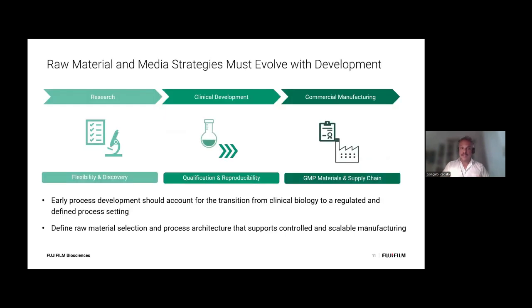So what is clear is that whatever choice you make of raw materials at an early stage will impact your development further down the line. If you lock your precious biology, the critical quality attributes of your cell therapy process and drug product, early with poor quality research-grade materials, serum, fetal bovine serum-containing media, this will greatly impact the scalability strategy down the line.